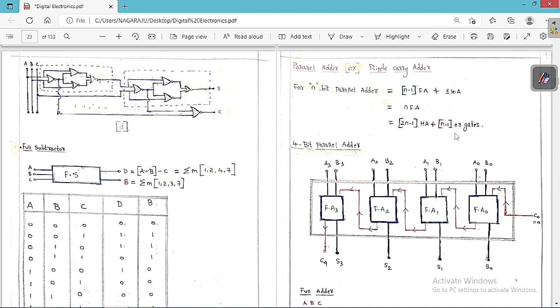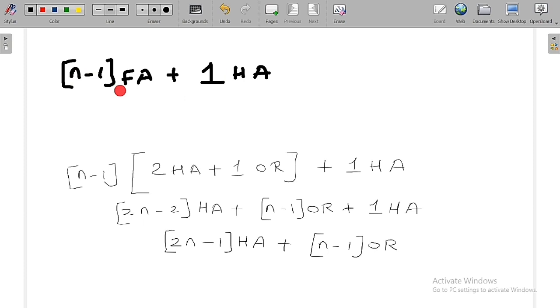These are the things that we require in order to build an n-bit parallel adder.